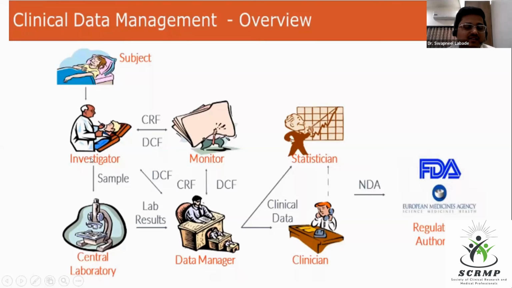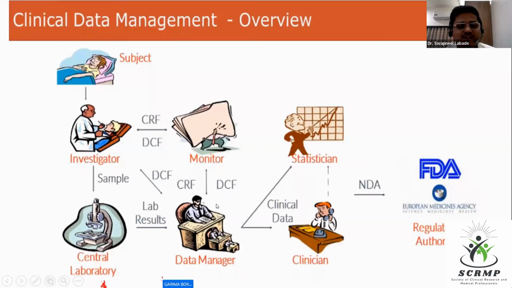Then if the investigator requests any samples, they will be sent to the central laboratory, and all the data will be sent to the data managers. The central laboratory will send the lab details to the data managers also. The investigator will send all the details related to that particular patient to the data managers, and also the clinical research associates, CRAs at site, who are called trial monitors. They will also send the CRF.